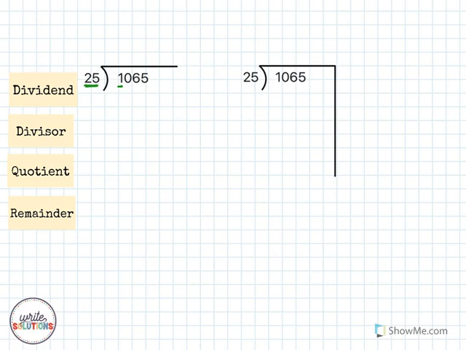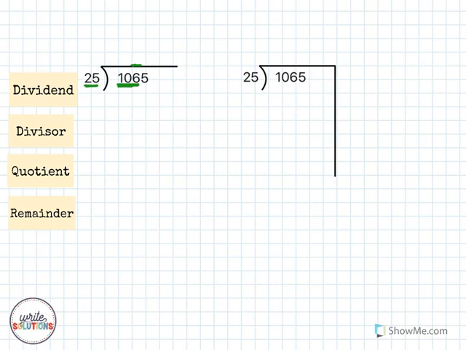So no, I can't pull a group of 25 out of 1. We move over a digit. Can I pull a group of 25 out of 10? No, I cannot. Can I pull a group of 25 out of 106? Well, yes, I can. So that tells us that the first digit we record in our quotient is going to go right above the 6.